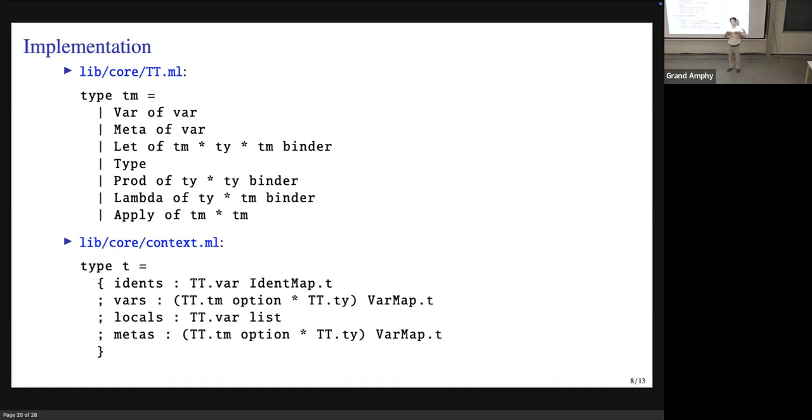Okay, so it's the discipline that makes them different. It's what's happening with them that really makes them different. It's not what they look like. They all look like variables, but what you do with them is different. And that's why you want to distinguish them, because when you hit a meta variable in unification, you do one thing. When you hit a variable in unification, you do another thing. So that's why we're separating them.